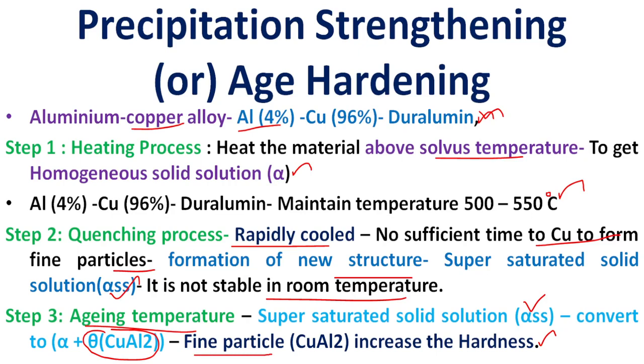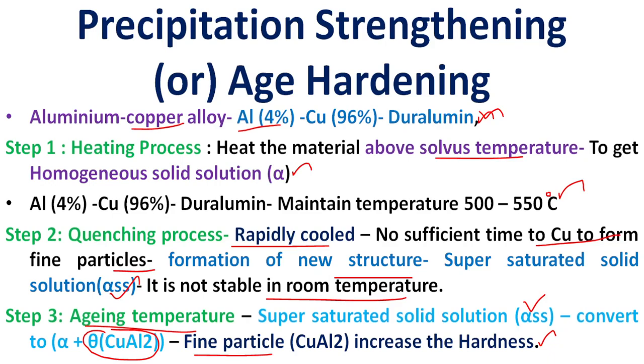After the age hardening process, the fine particles improve the hardness, yield strength and ductility, mainly increasing the physical and mechanical properties of the aluminum and copper alloy.